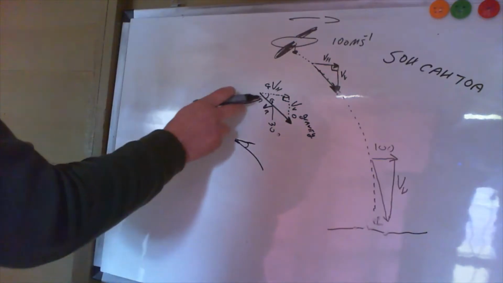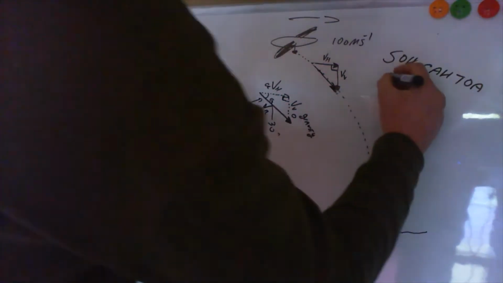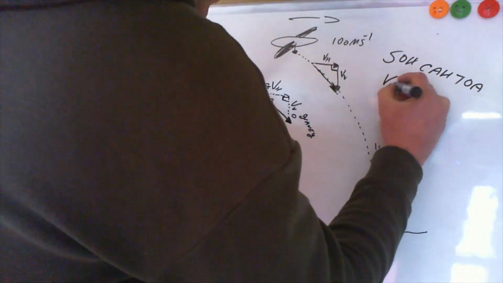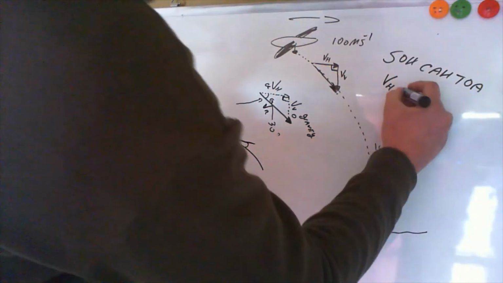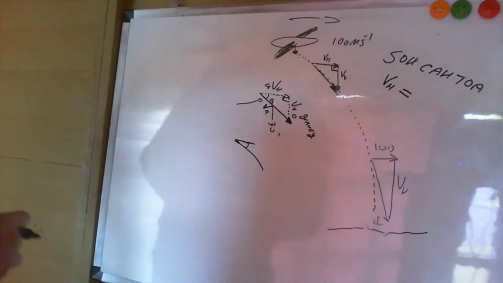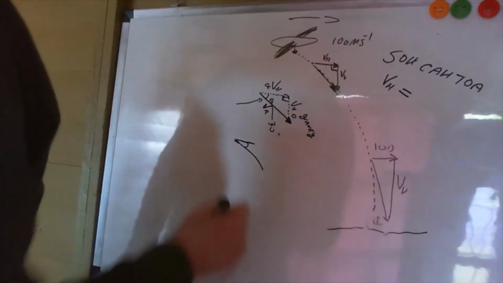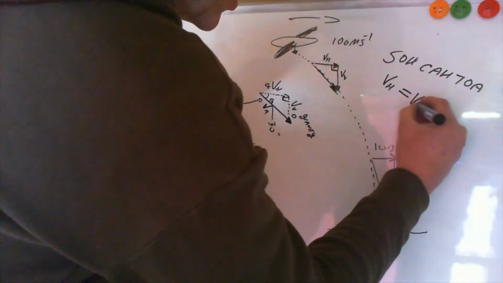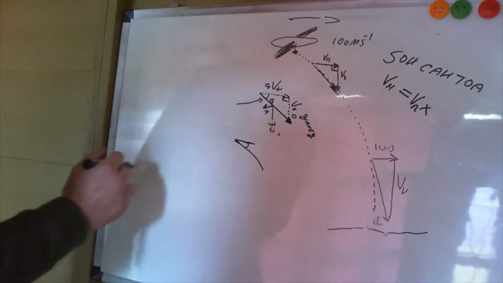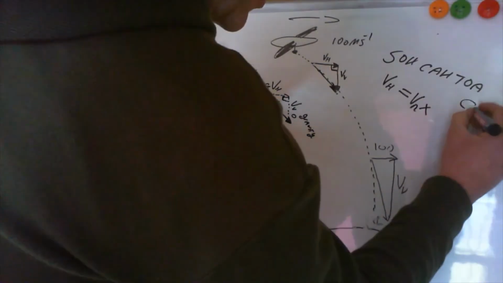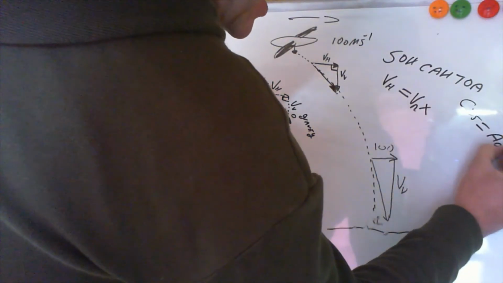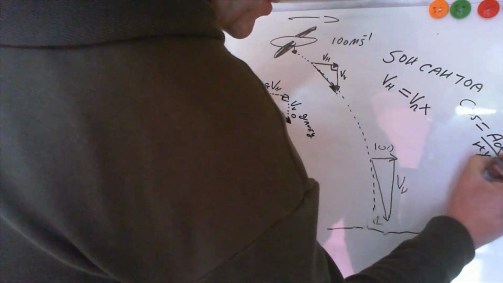And using SOH CAH TOA, and looking at this triangle here, we can say that the VH, or the horizontal velocity, is going to be equal to the resultant velocity times, remember the one that's closest to the adjacent, that would be the cos. Cos equals the adjacent divided by the hypotenuse.